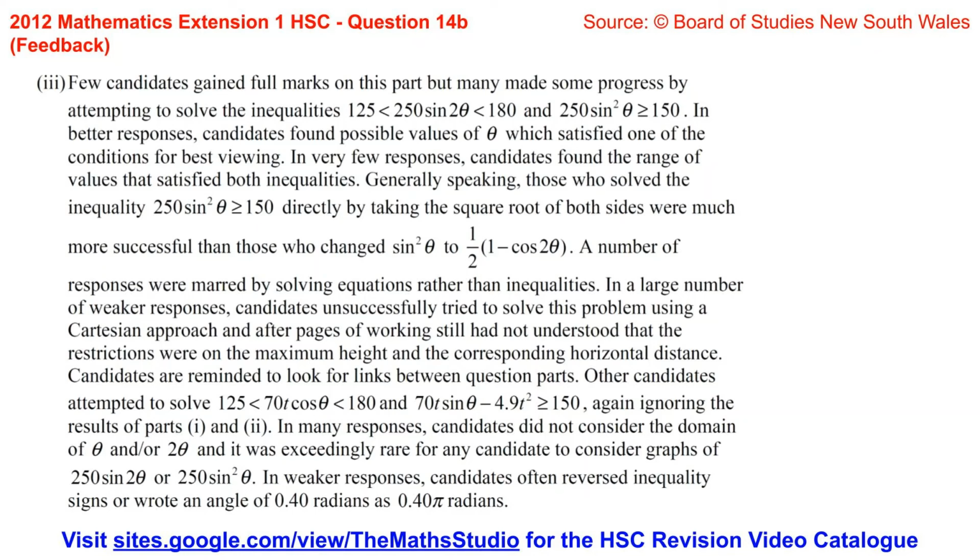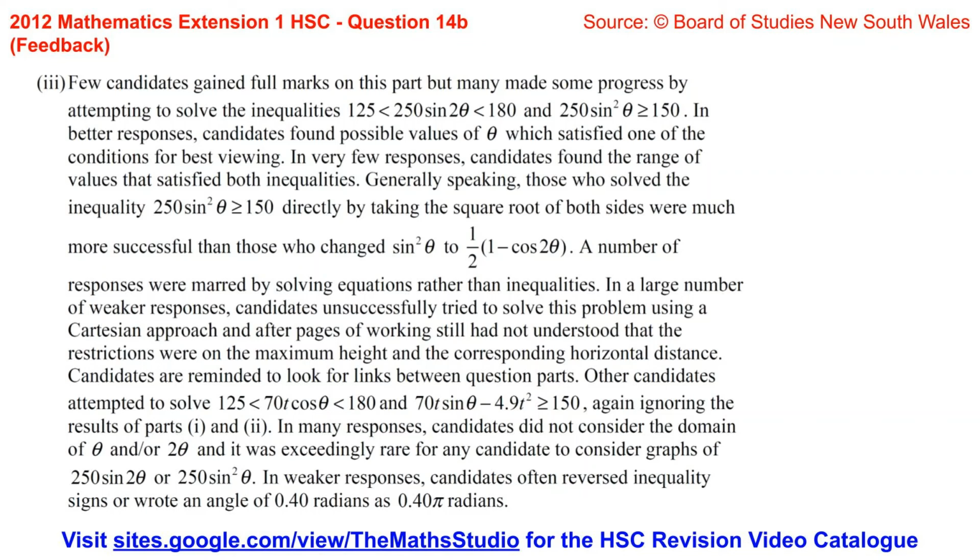In a large number of weaker responses, candidates unsuccessfully tried to solve this problem using a Cartesian approach, and after pages of working still had not understood that the restrictions were on the maximum height and the corresponding horizontal distance. Candidates are reminded to look for links between question parts. Other candidates attempted to solve 70t cos theta greater than 125 but less than 180 and 70t sine theta minus 4.9t squared greater than or equal to 150.